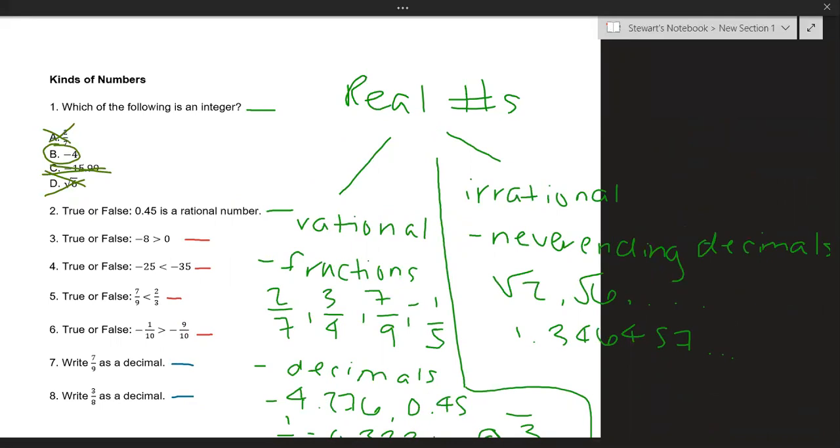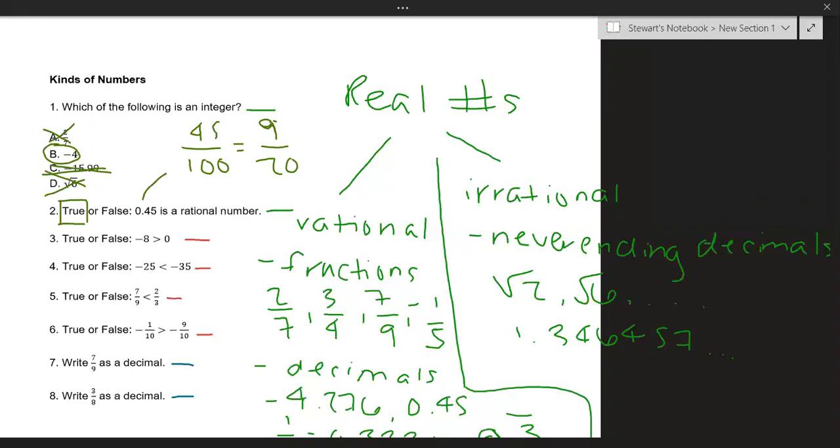If you wanted to think about 0.45 a different way, it could be expressed as 45 over 100. And then if you simplified that, you could divide by 5, and then you'd end up with 9/20. So it falls under fractions, so it is a rational number. That's what a rational number is, a fraction overall. So this one is true.